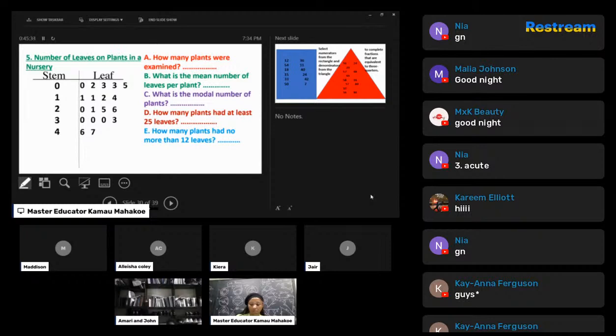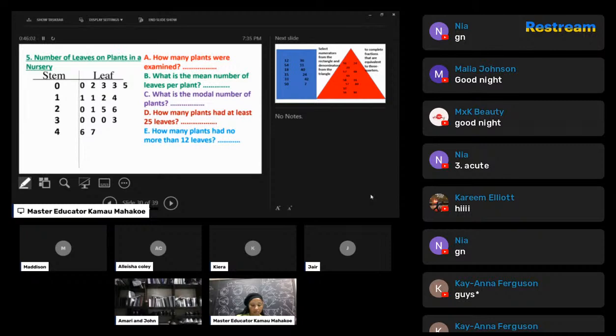C. What is the modal number of leaves? D. How many plants had at least 25 leaves? E. How many plants had no more than 12 leaves?